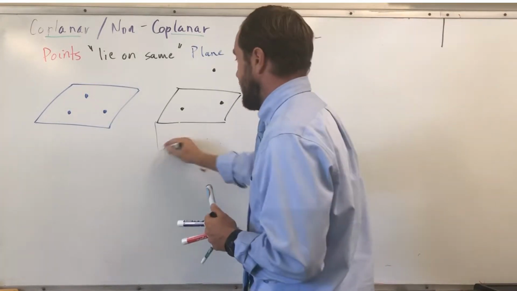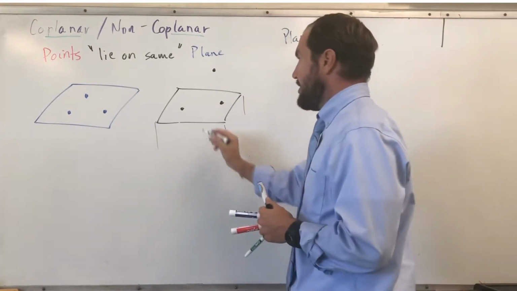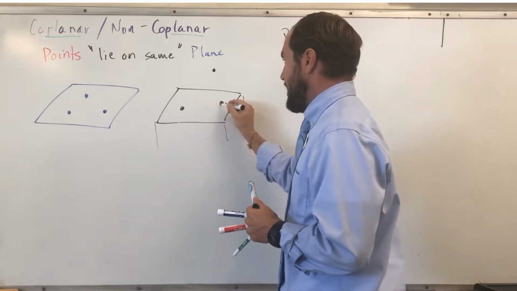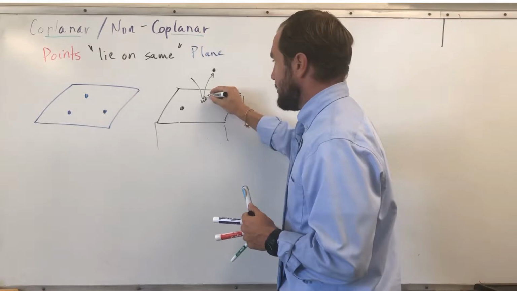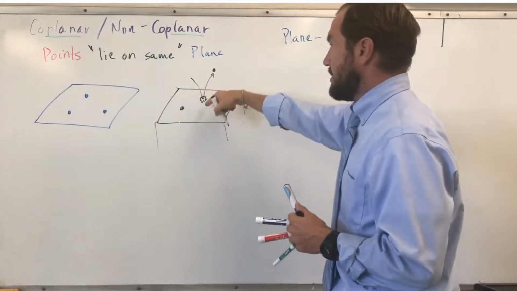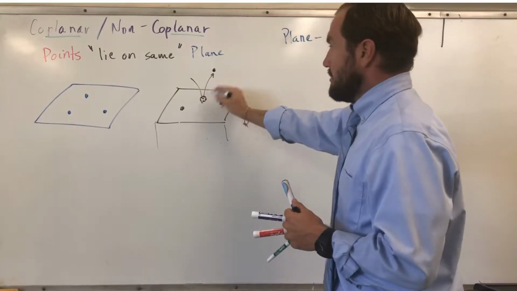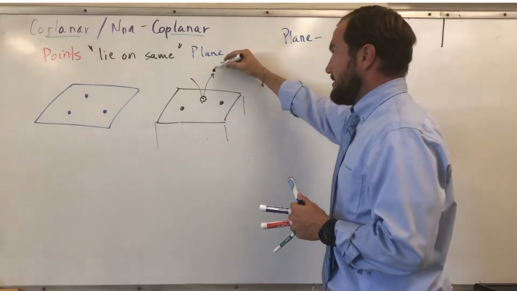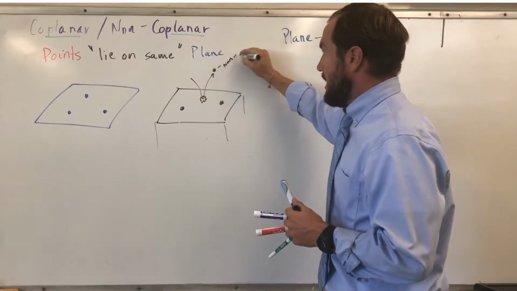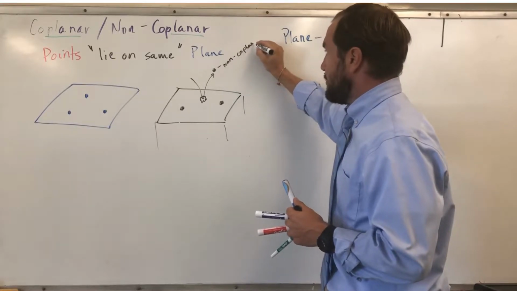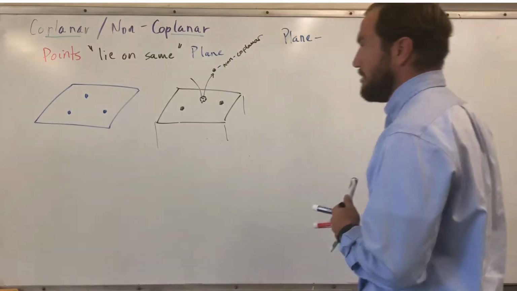If you need to look at that visually, picture a table, and I have 2 little bouncy balls on the table, and this one has now bounced. There's a little bounce off, and this is not on the table. So this point here would be non-coplanar, the idea that it is not lying on the same plane.